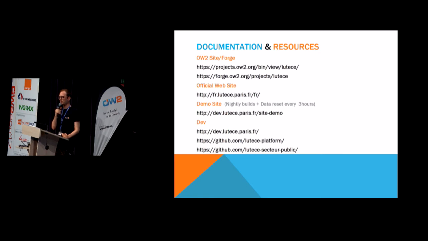And yeah, the code is on GitHub, split into 2 different repositories. One is a technical basis and provides many different plugins, and one provides plugins aimed at public organizations such as cities.